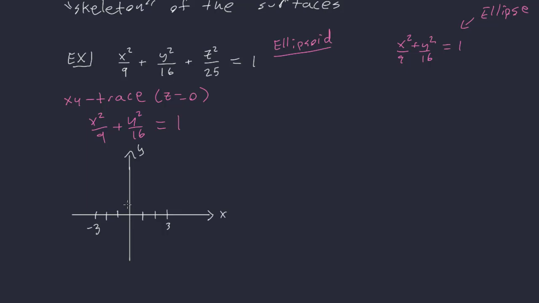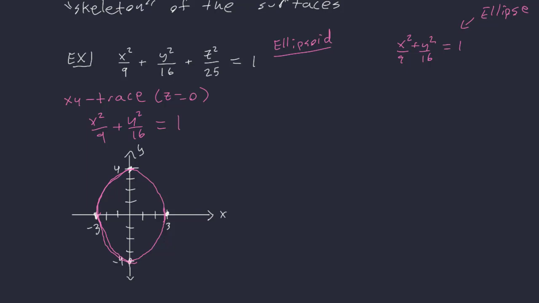In the y squared over 16, we have a quote-unquote radius of 4. Really it's called the major and minor axes, but I think of it as the x radius and the y radius. So we get this sort of shape, which is what's happening on the xy plane.